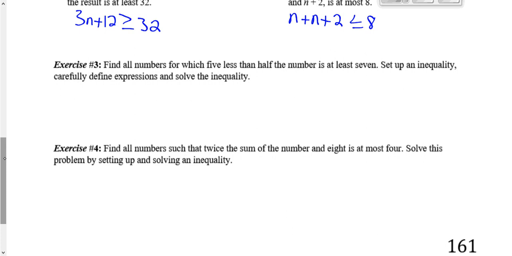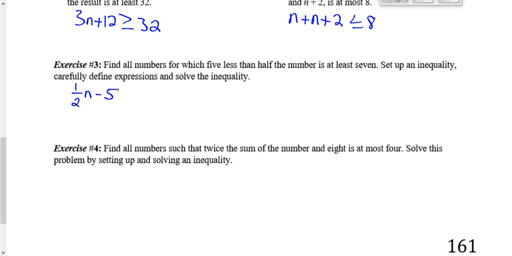This is one we might have to start out thinking in reverse. 5 less than something. What's the something? Half n, minus 5. That's 5 less than half n.